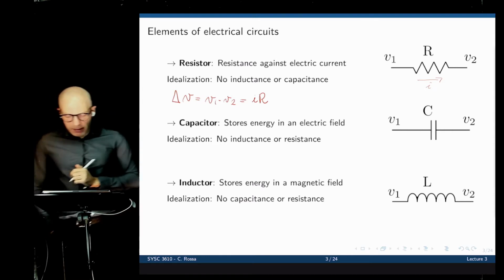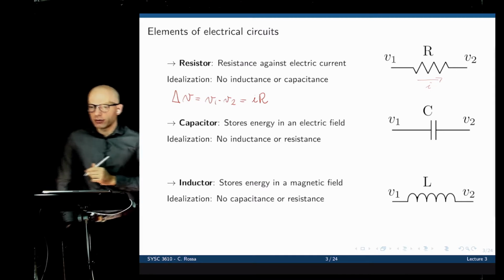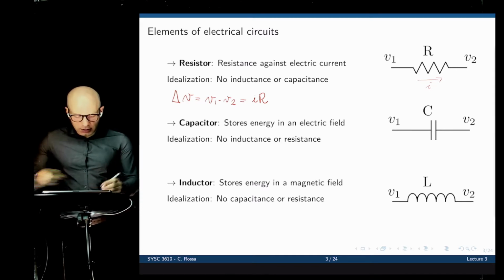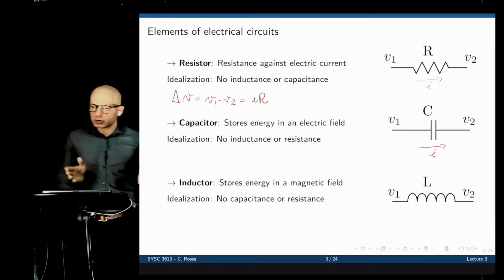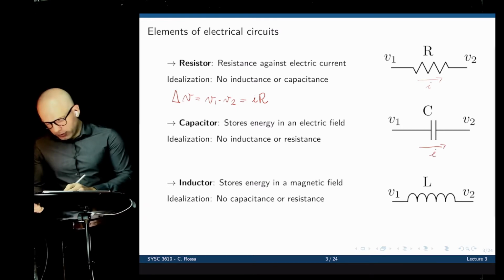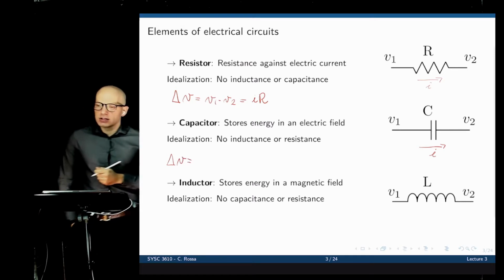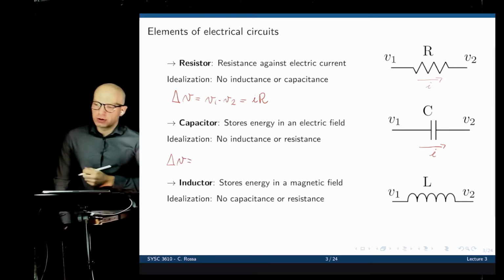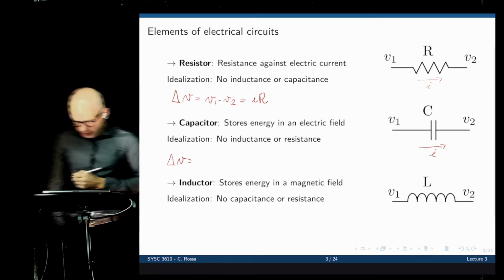Now let's move on to the capacitor. The capacitor is an element that stores energy in the form of an electrical field. And again, once a current I passes through this capacitor, a voltage drop occurs. The voltage drop that we can call here delta V, or again, V1 minus V2, is a function of the current. What is it? For a capacitance C, what is the voltage drop across a capacitor?